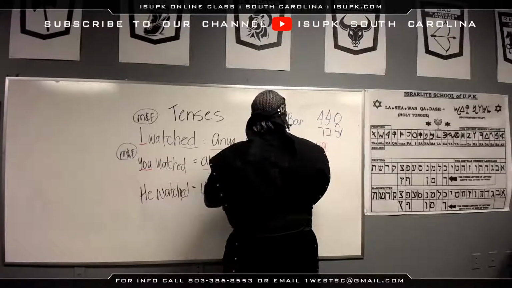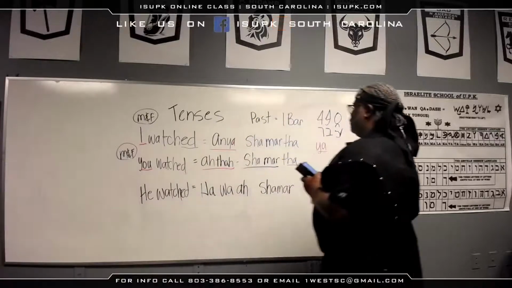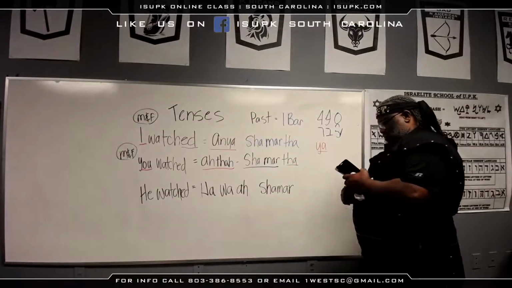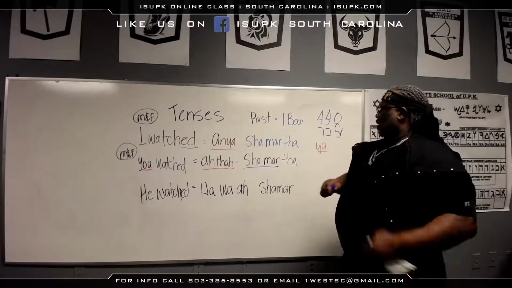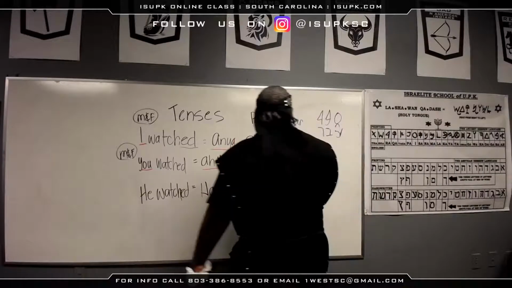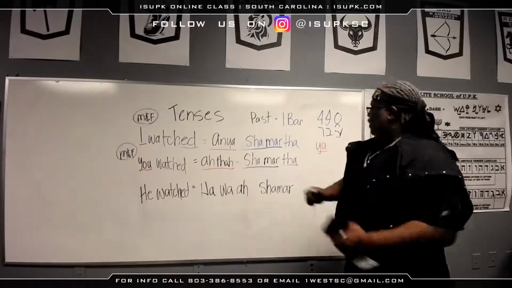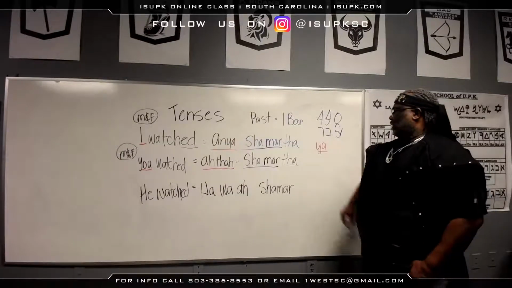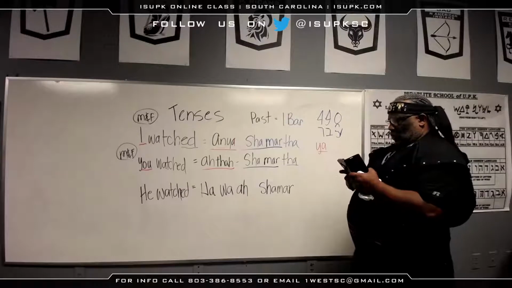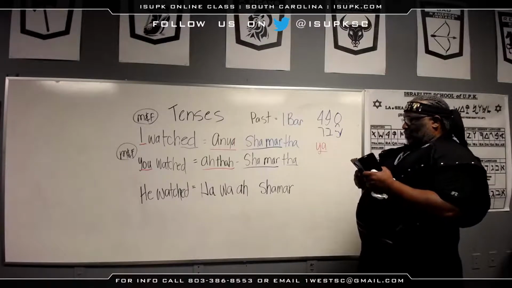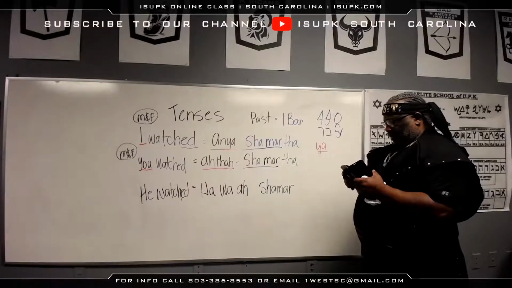But too many Y's there. There, that's better. Sharmatha. Okay? There we go. If you notice, you'll see Shamar three times here in the past tense. Shamar, Shamar, Shamar, Tha, Tha. Okay? You notice that. In the past tense right here. That's important.